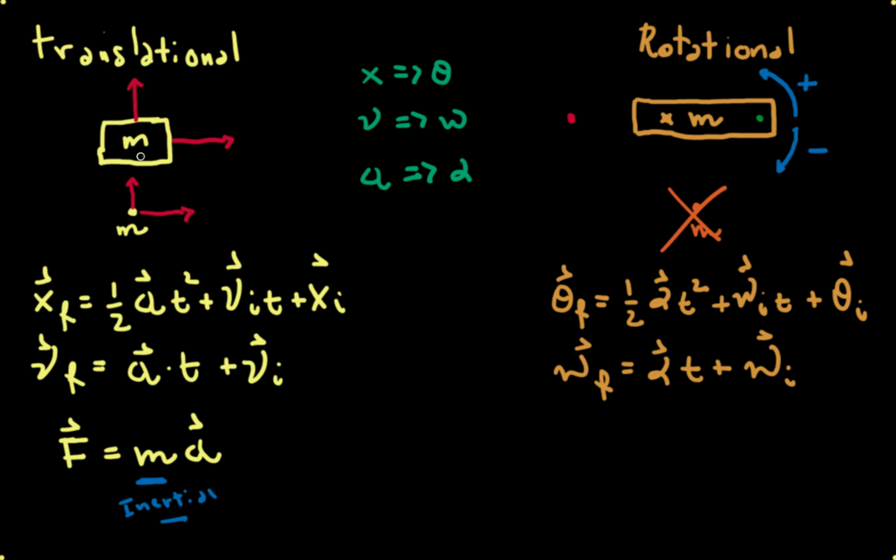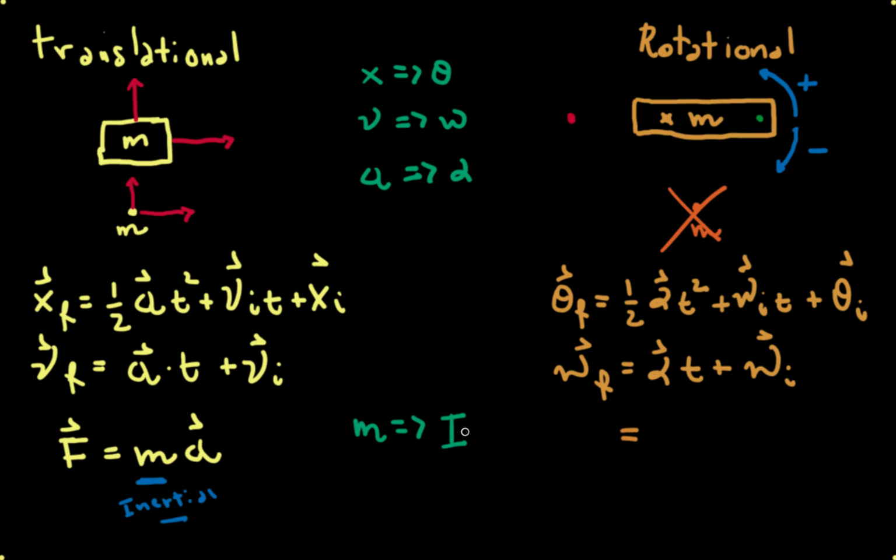So here mass is the term that is responsible to carry the idea of inertia into this equation. For rotational motion, we'll call this the moment of inertia. It's denoted by a letter I, but it will do the same job. So it will cause the object to resist change in its rotational motion.